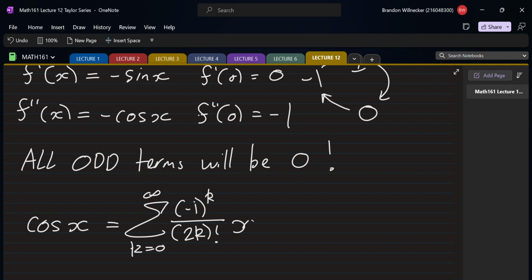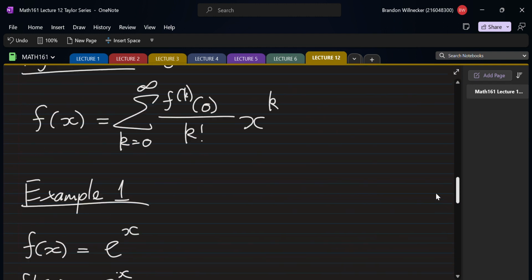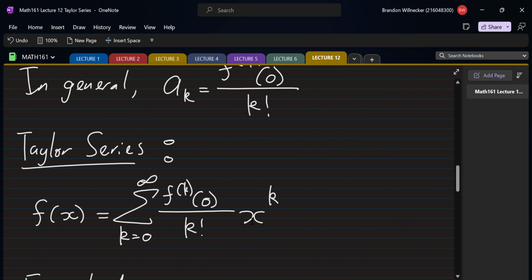Then we're going to have x to the 2k. Here we put the 2k for the factorial and the 2k for the exponent, because we're only looking at the even terms. If we go back to the top, there we only have x to the k, but that goes over all possible k, even and odd. Now, since it's an even function, we only want even powers.